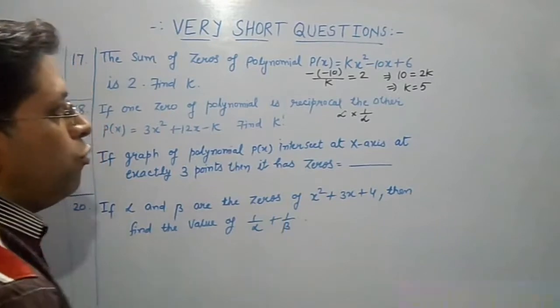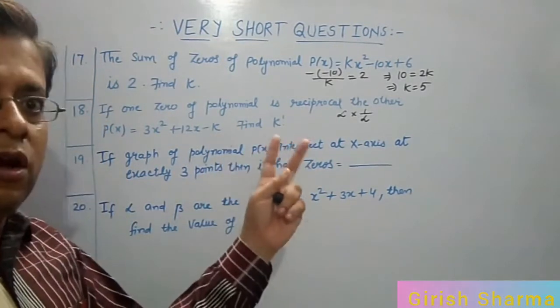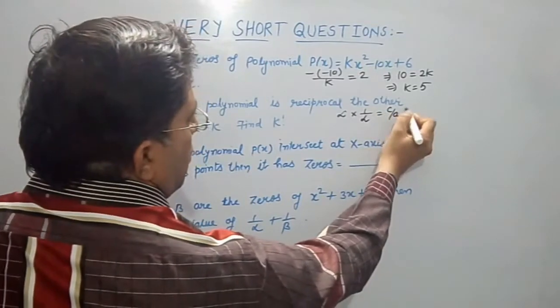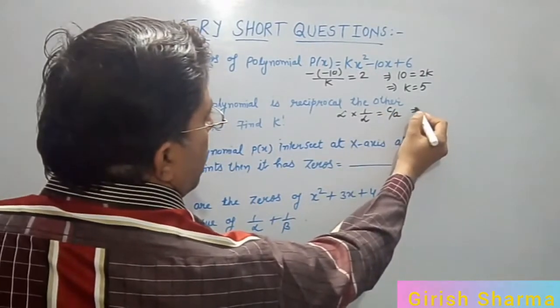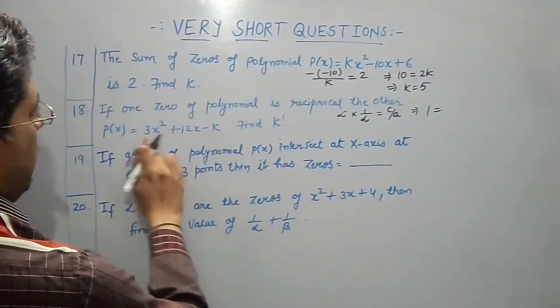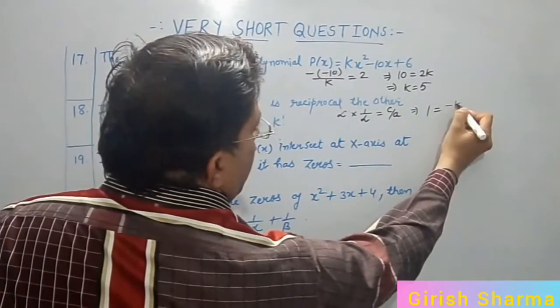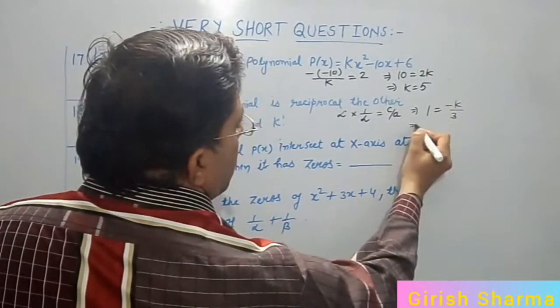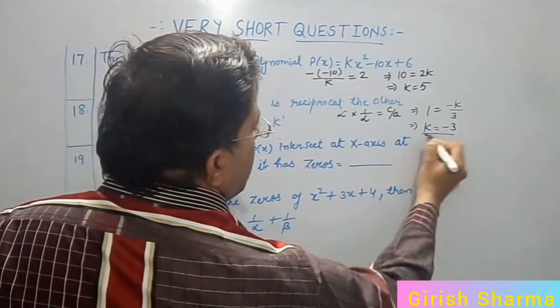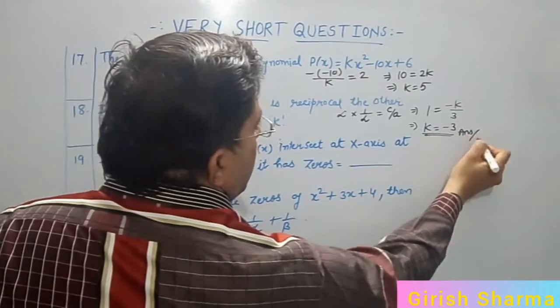Product of 2 roots is equal to c upon a. Alpha to alpha cut. What is c here? Minus k, and a is here 3. Minus k upon 3. What will be k? k will be minus 3. This is the answer.